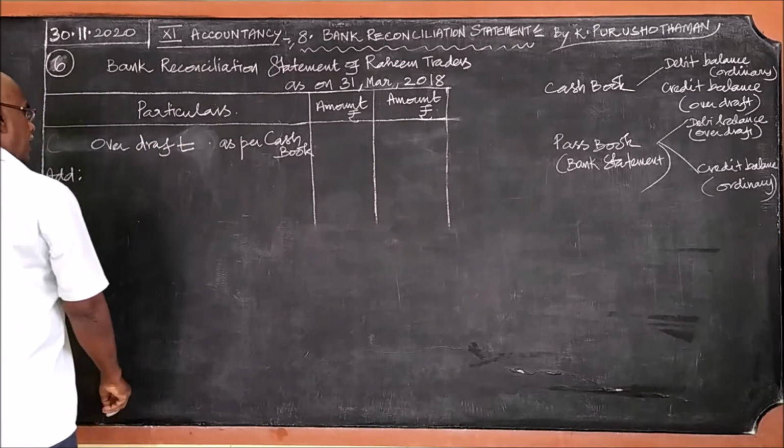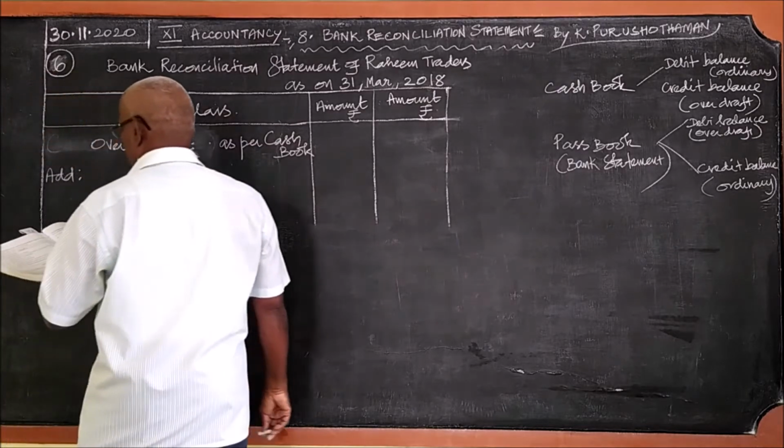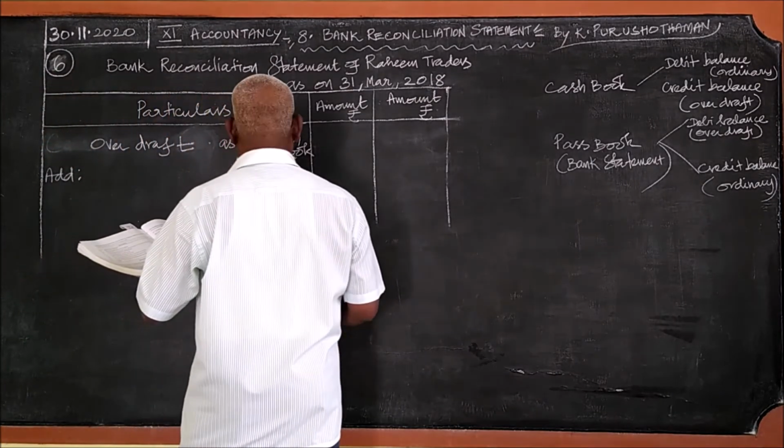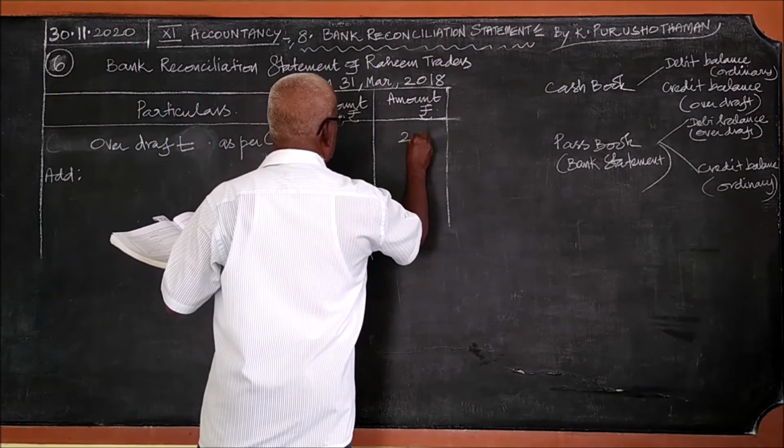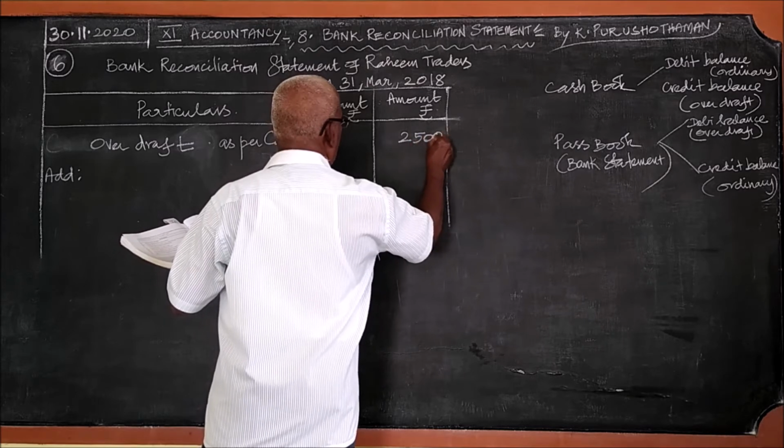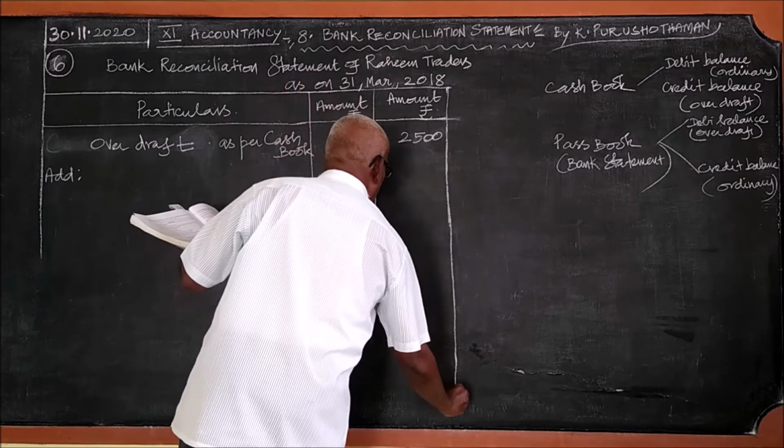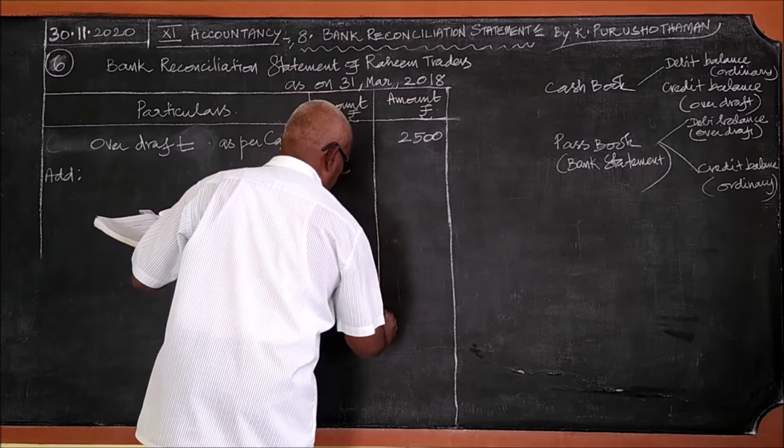Overdraft as per cash book, the amount is 2,500.